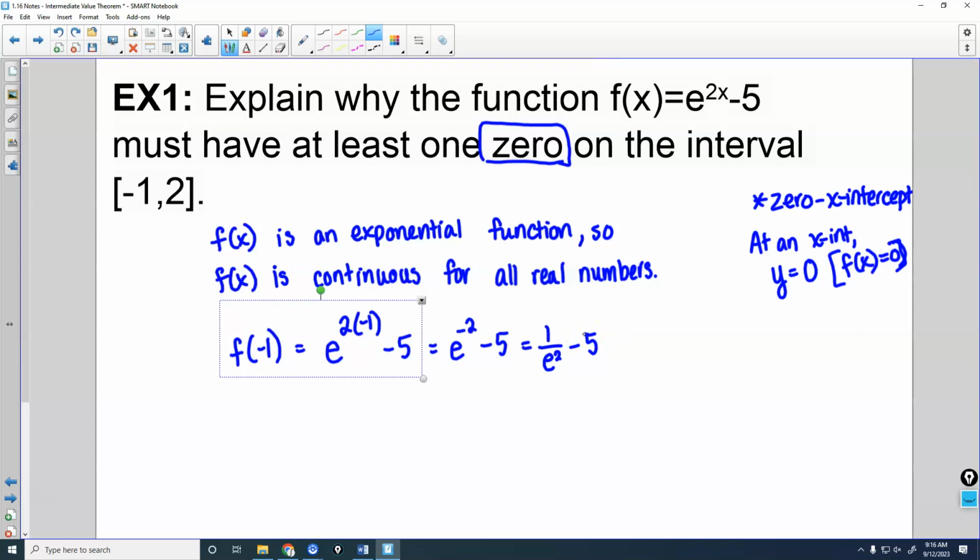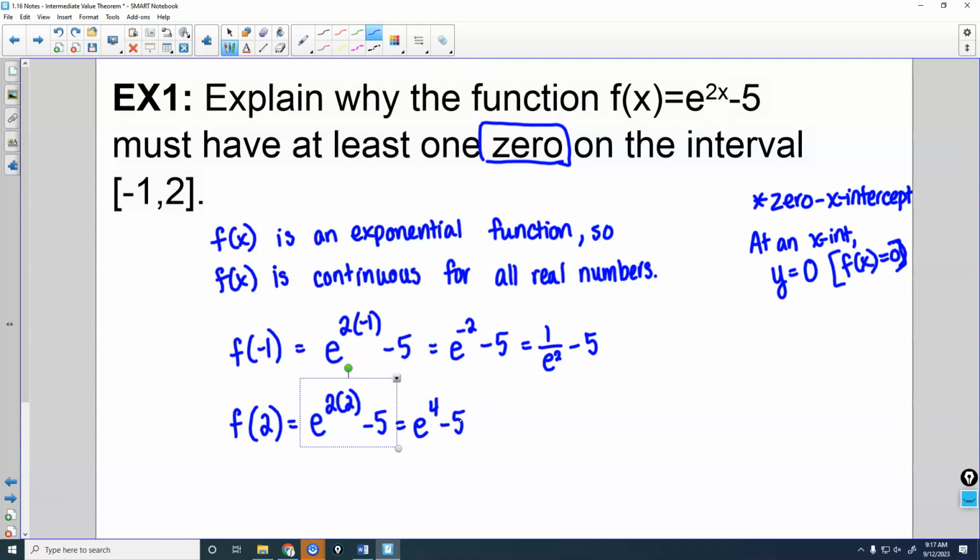Now, I don't know exactly what that is, so I'm going to move on. I'm going to do f of 2. f of 2 is going to be e to the 2 times 2 minus 5, which is e to the 4th minus 5. Ooh, I don't know what that is either.